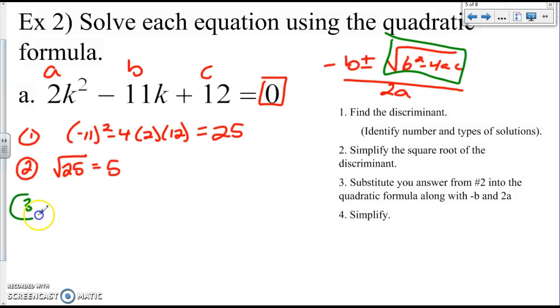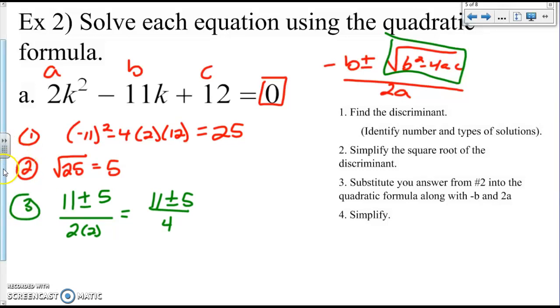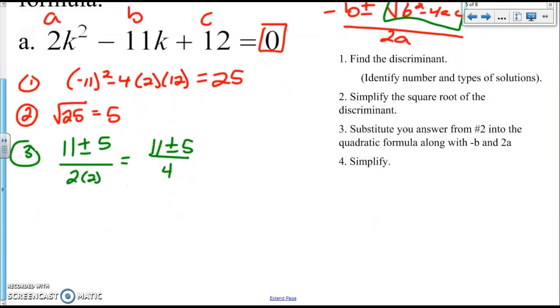So what I'm going to do for step 3 then is the opposite of b is 11, and my plus or minus sign, and then instead of that I just found that all of that is 5, over 2 times a, which is 2. I'm going to simplify 11 plus or minus 5 over 2 times 2, which is 4. And we're going to get 2 answers. To do that, we're going to split this into 2 parts.